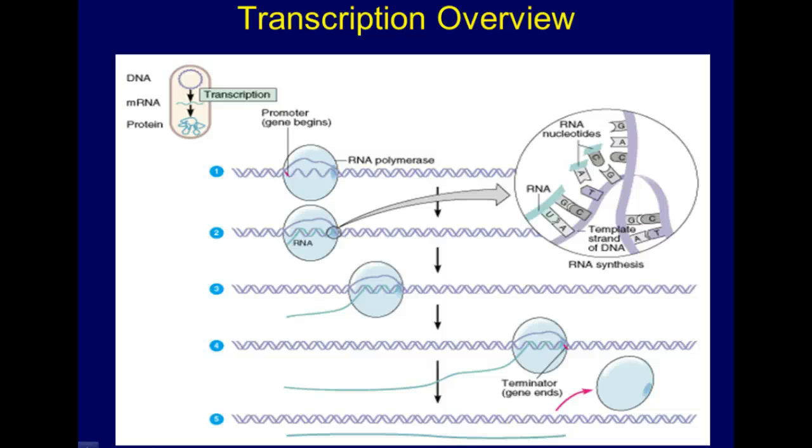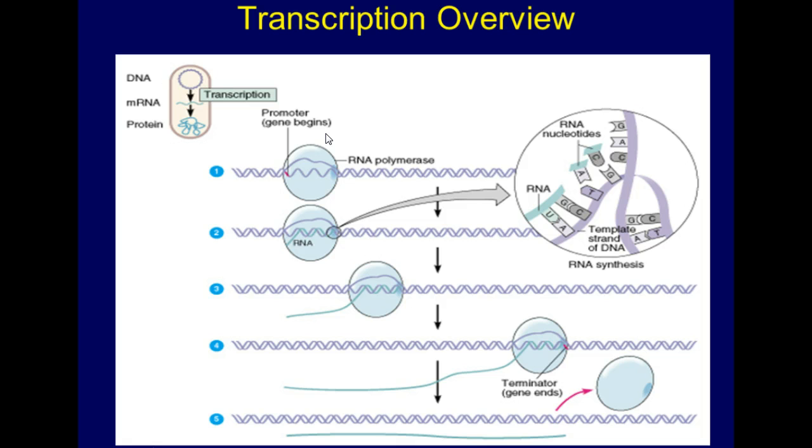Okay, so a quick overview of the transcription process. You see here where the RNA polymerase encounters the promoter or TATA box, signaling it to begin the transcription or copying process. So here's our promoter. Now it doesn't show the TATA, but you would expect a TATA type sequence here as a promoter.